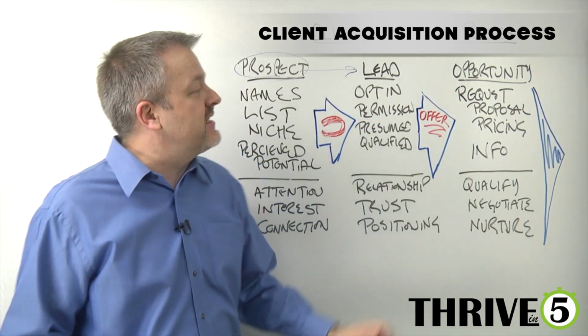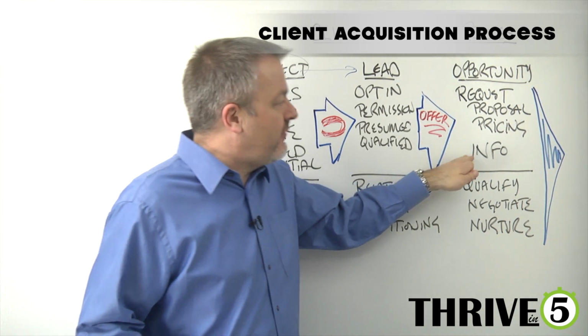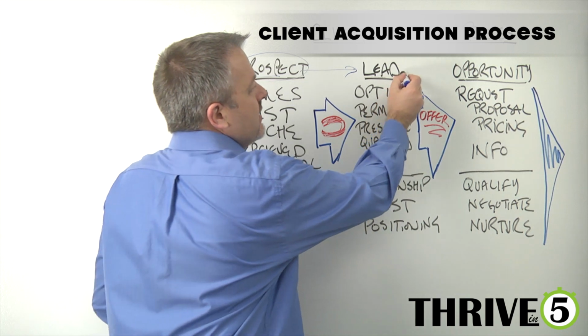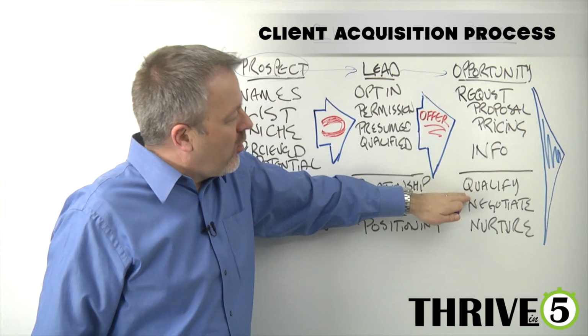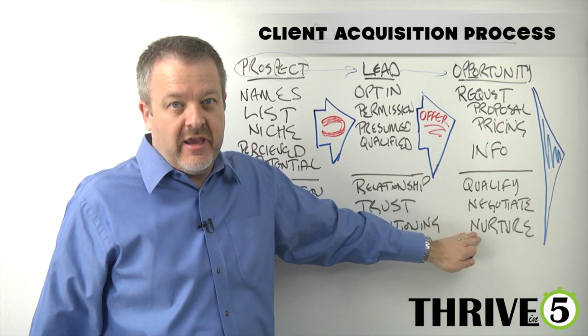The opportunity side is someone who's requested a proposal, pricing, or further information. How do you work? How do you do this? It's really the process of how we get them over this side in order to qualify them, negotiate with them, and nurture them.